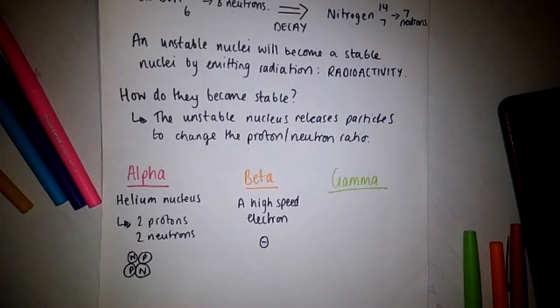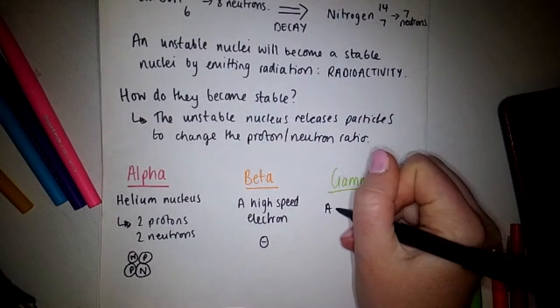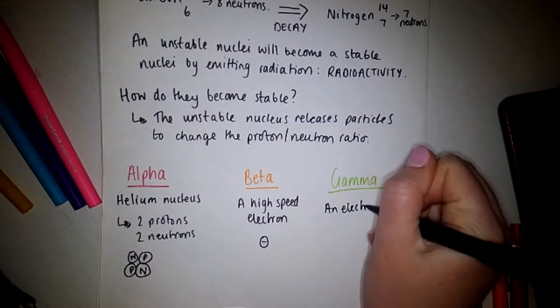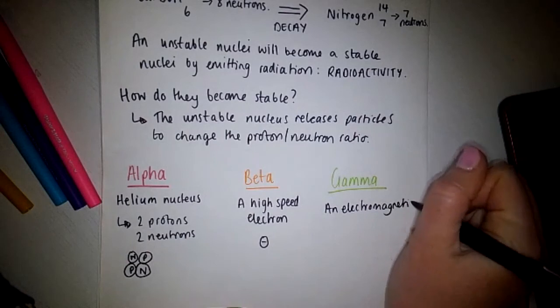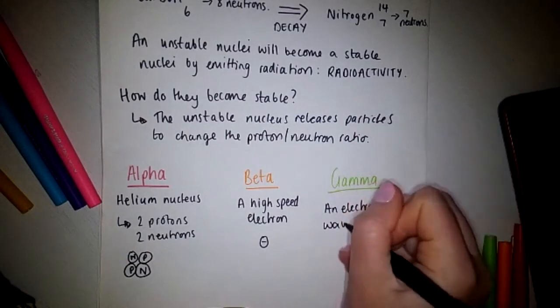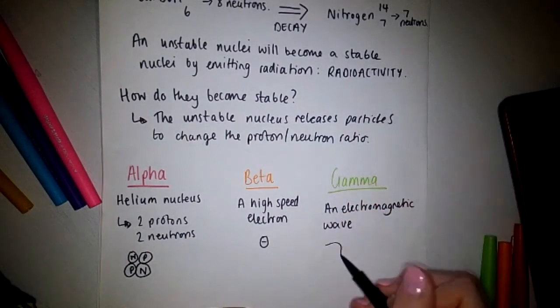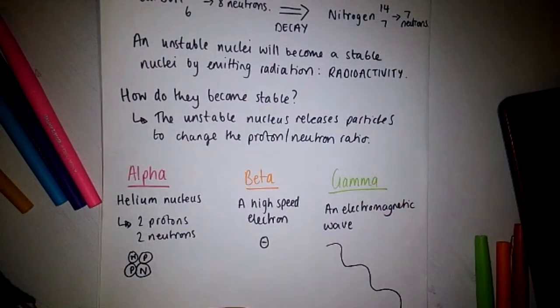So gamma radiation is emitted as a wave, and it's essentially any leftover energy from the decay. So gamma radiation is emitted as an electromagnetic wave. And you can just literally get away with drawing a wave. Oh, that's a really wonky wave. So yeah, that's literally it.